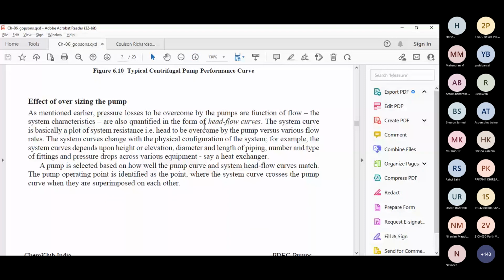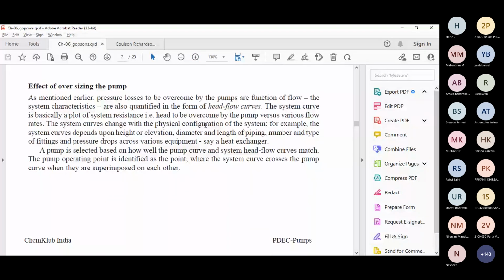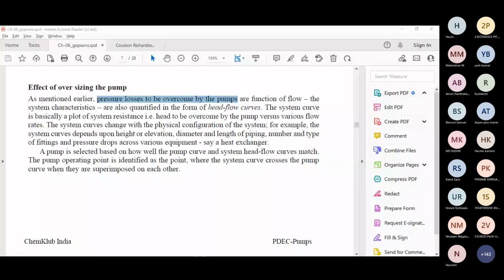So suppose, as mentioned earlier, pressure losses are there, which have to be overcome by the pump. So first of all, why do we require a pump? We require a pump to overcome the pressure losses, right? Suppose your pump is at ground floor, and you want to pump the fluid to the third floor, then we will not require just that differential head.